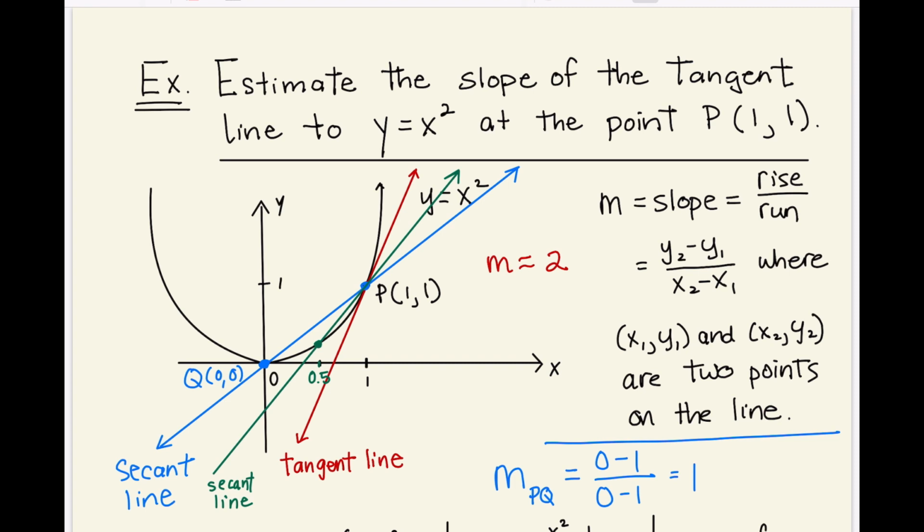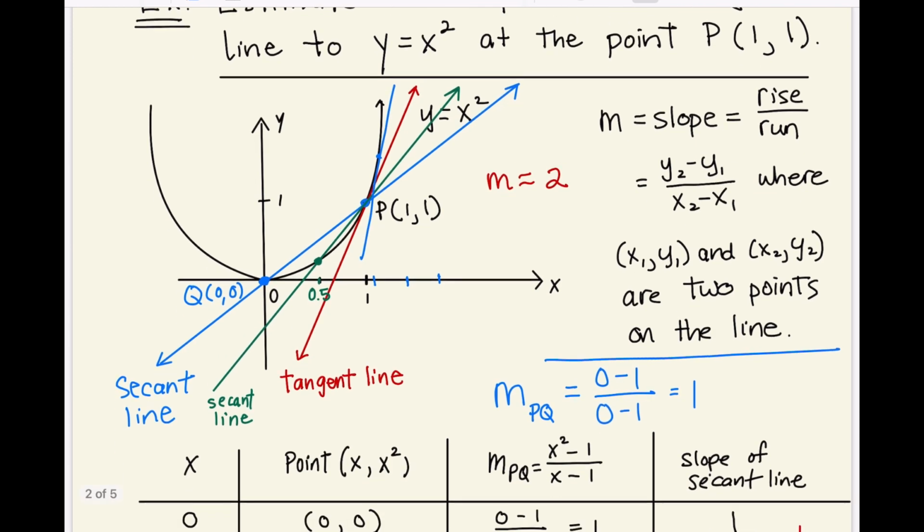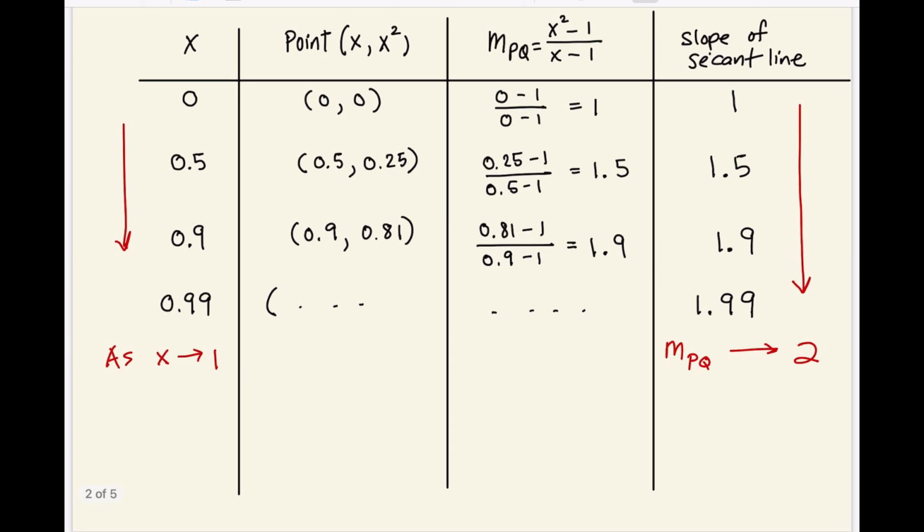I can also approach from the right, and I can take values like 2 or 1.5 or 1.1, and I can look at the secant lines for those values, and something very similar is going to happen. So I'm just going to do this using the table.